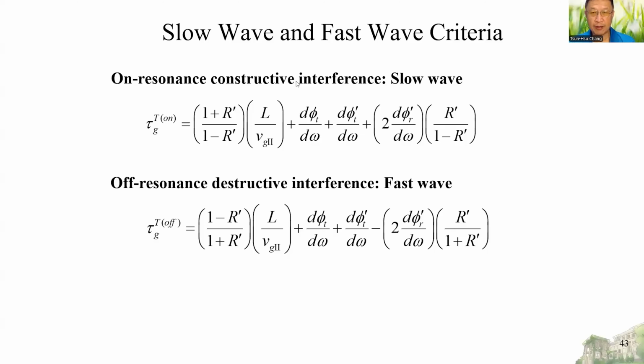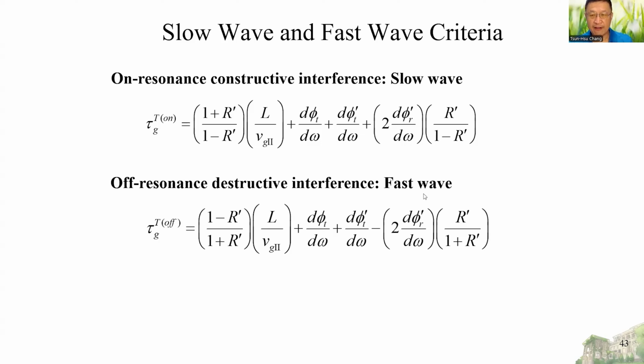Now the wave can be simply classified into slow wave and fast wave. What is their criterion? For slow wave, it's off resonance, it's constructive interference. The wave will bounce back and forth inside and be stored in the cavity for a very long time, but transmission will be high.